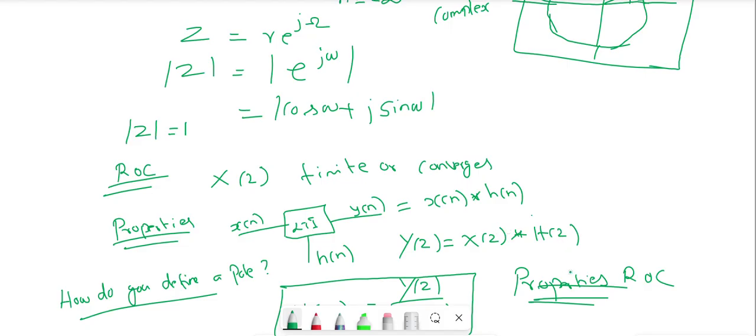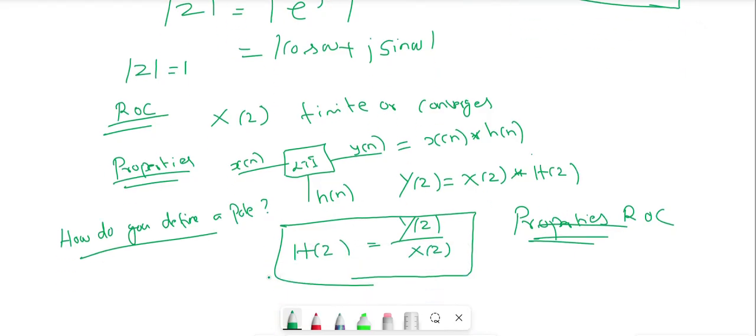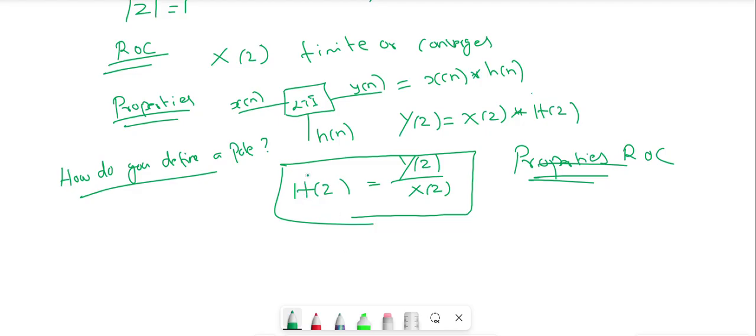Before discussing the properties, we will define a pole. How do you define a pole? In the convolution, the output can be determined for any input if you know the impulse response of the system. If you take the Z transformation, Y of z equal to X of z times H of z.